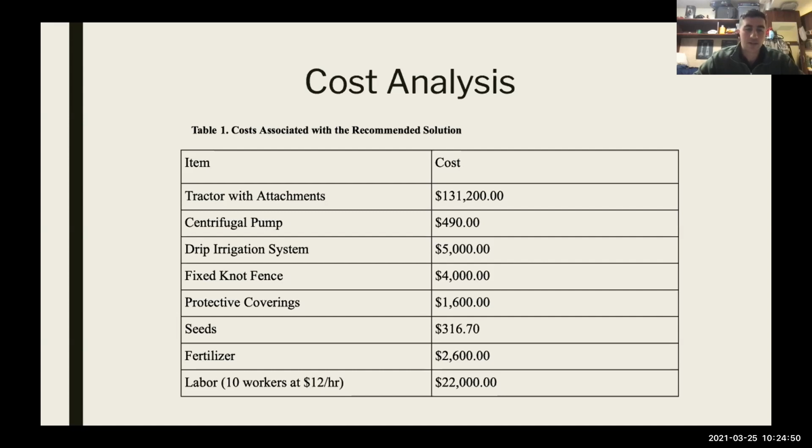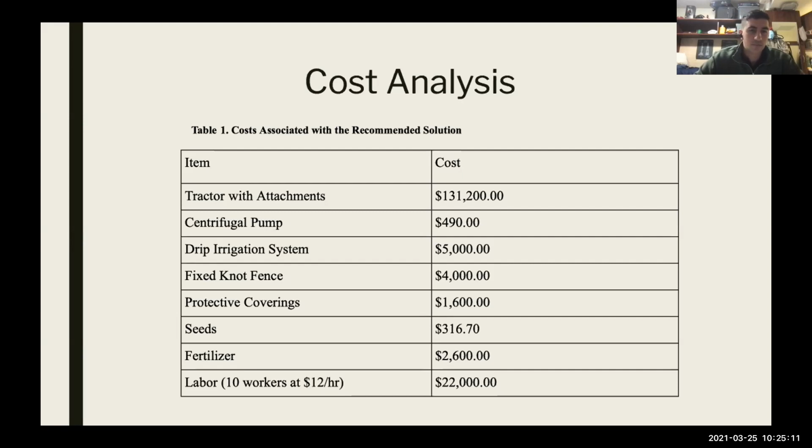The drip irrigation system, the way we calculated this is that usually the cost for the irrigation system per acre goes around from $500 to $1,200. So we decided to go with a little bit of a higher number with $1,000 per acre.